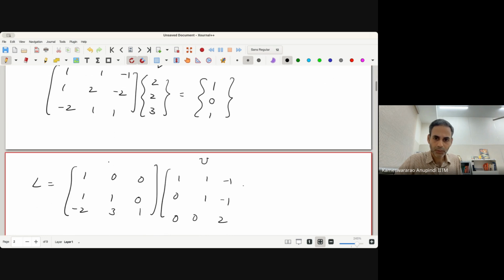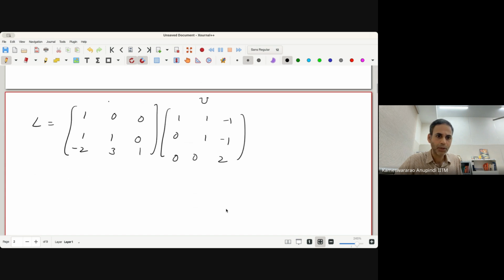Okay, so I can multiply now this thing. So this should basically give me, 1, 0, 0 by 1, 0, 0, that is 1. This one is 1. This is minus 1. This is going to be 1, 1, 1. This is going to be 2. Then we have minus 1, minus 1, minus 2. And then we have minus 2, minus 2 plus 3, 1. And then you have 2, minus 3, minus 1 plus 2. That is 1. Okay, so we have obtained the original matrix, that is A.